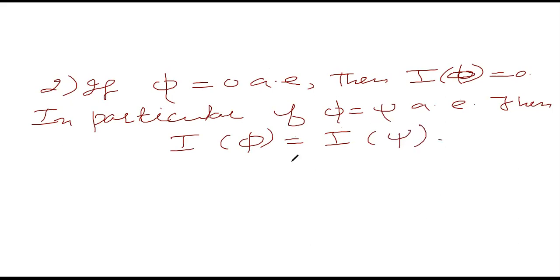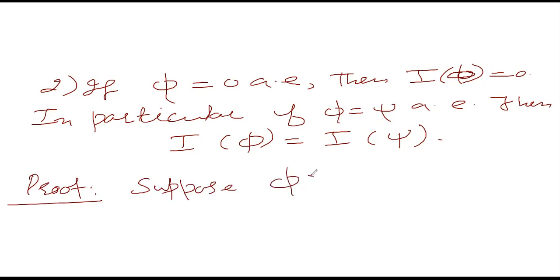Okay, so let me prove the first property of this integral. Suppose phi is greater or equal to 0 almost everywhere. So it may take negative values as well, because it's not greater or equal to 0 for each x; it's greater or equal to 0 almost everywhere.